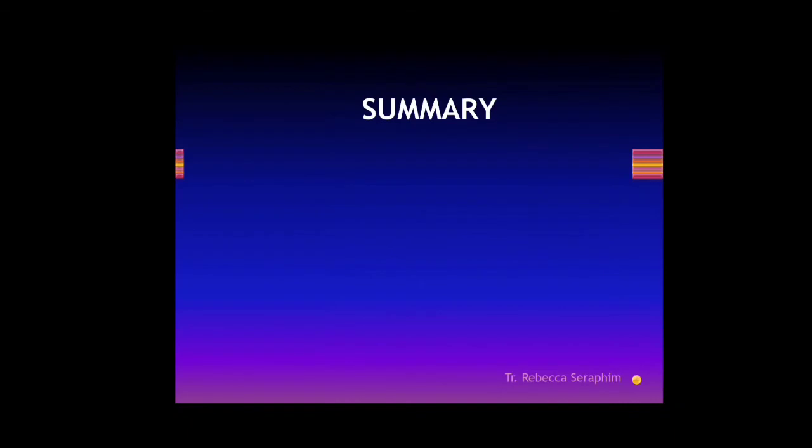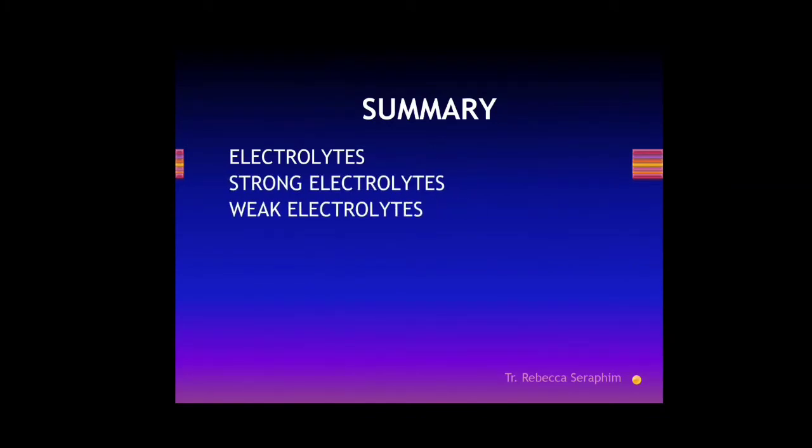Let's see the topics that we have done today. First we've seen what are electrolytes, then strong electrolytes and weak electrolytes. Strong electrolytes are the ones that have higher conduction, that conduct more electricity, that make the bulb glow more brightly.